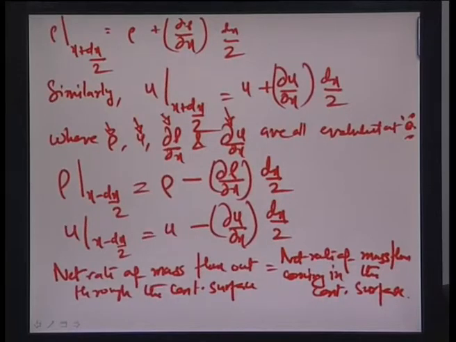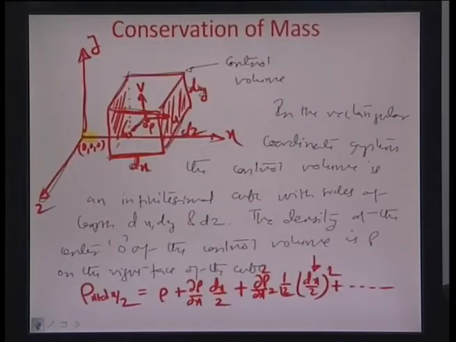Okay. And so, therefore, we have to really see that there are not only these x faces, but also y faces and z faces, and also faces along the minus y and minus z direction. And so, the whole equation can be thought of as a problem where all these different faces have inflows and outflows, and we are trying to see how the fluid mass is conserved in this particular case. Okay.